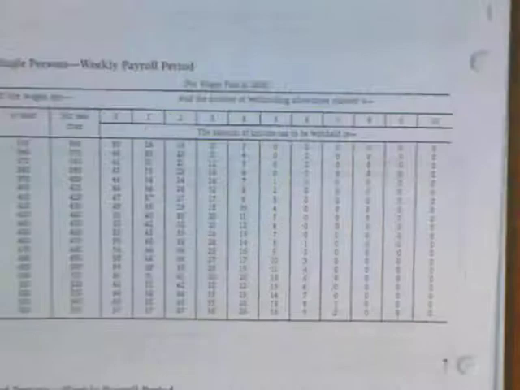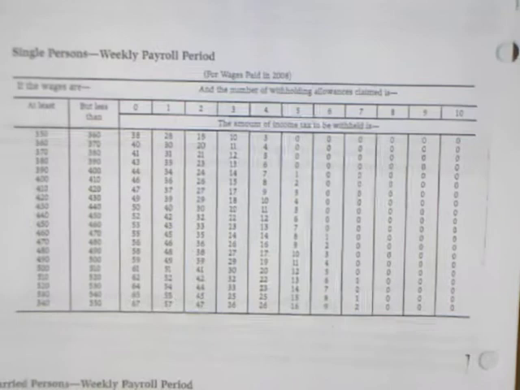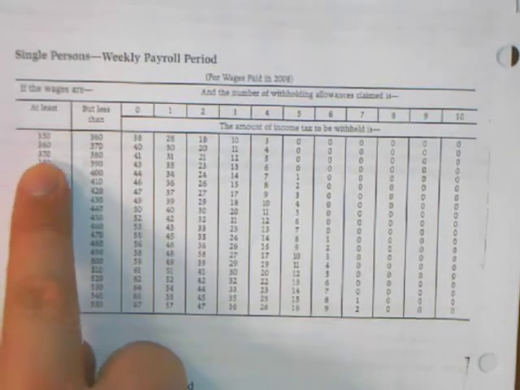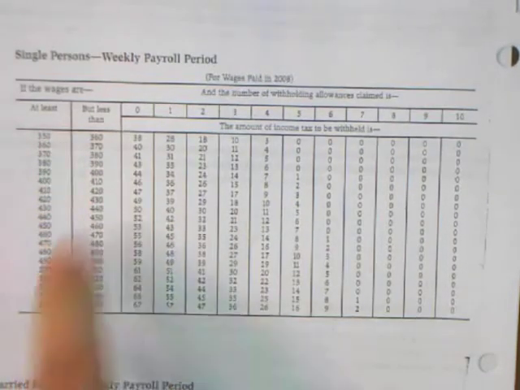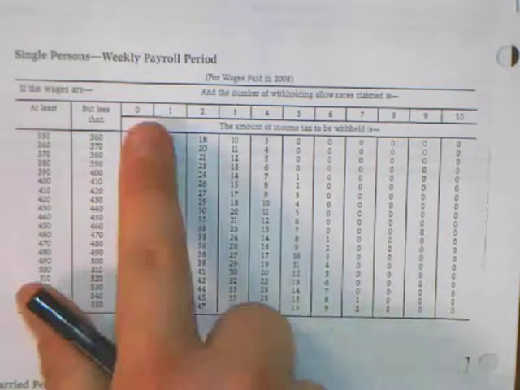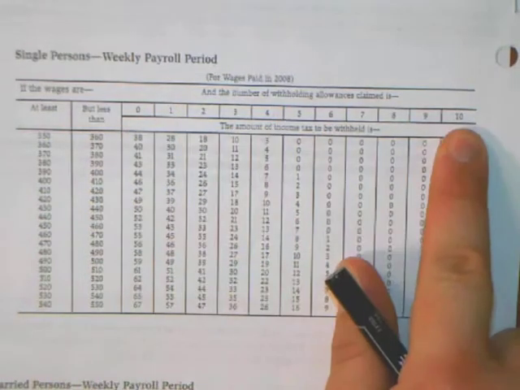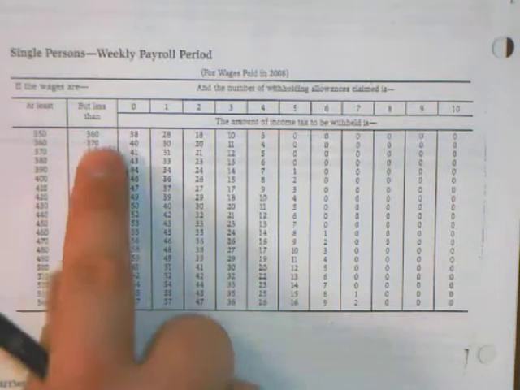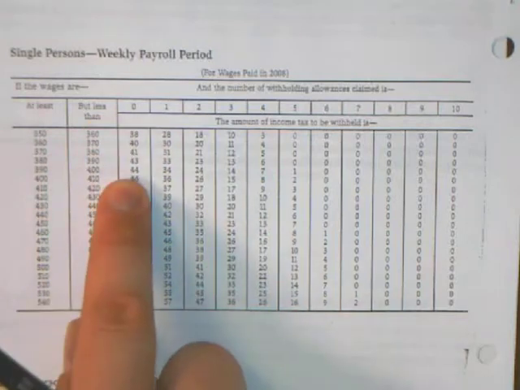Notice one column tells you how much money you're earning, and up to what amount, then how many withholding allowances you're claiming, and then we'll come down and over to figure out how much money is eventually going to be withheld from your paycheck.